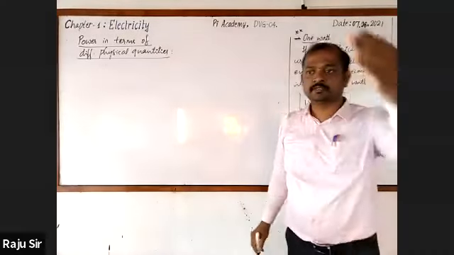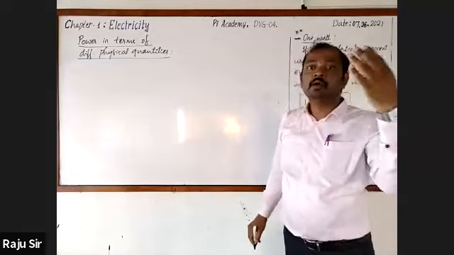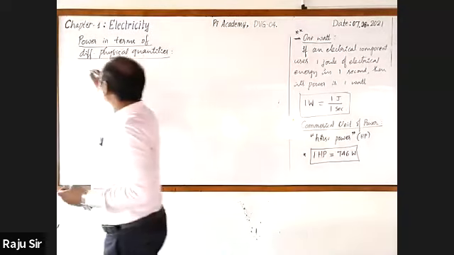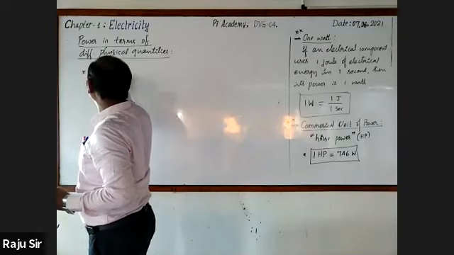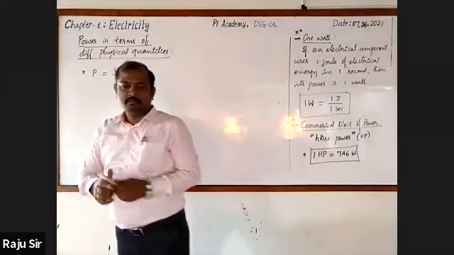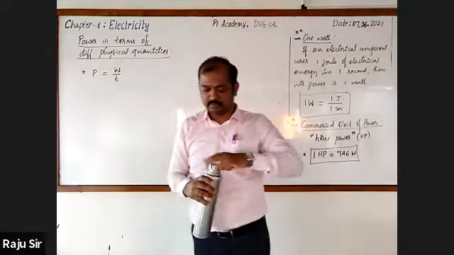Power in terms of different physical quantities. First, I'll give you all the possibilities. First, P is equal to W by t. We got this from the definition only.